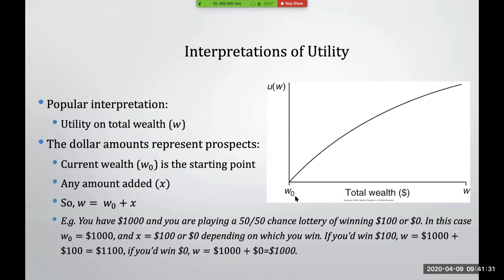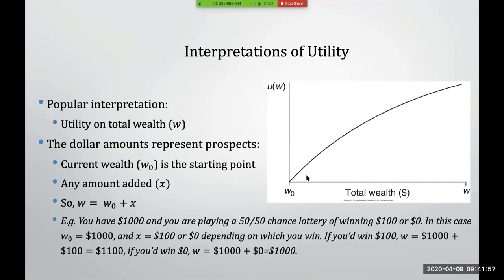In the utility function, the input of the utility function should also be the sum of your total wealth, meaning your W0 plus your prizes. Okay, so keep that in mind. This is the type of U curve we're going to use going forward.